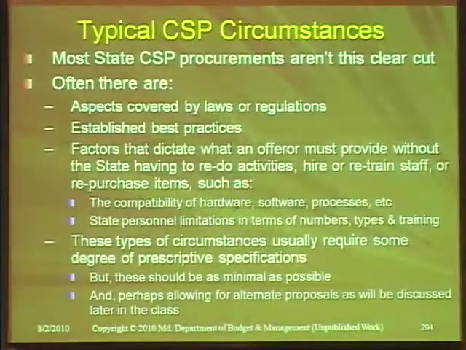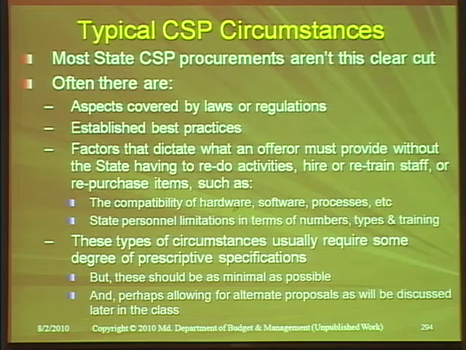Factors that dictate what an offer must provide without the state having to redo activities. All right. We have a given piece of equipment. We've already bought it. We've already installed it. We already have people trained on it. If we allow someone to come in and offer to provide a different piece of equipment, then we'll have to buy that different piece of equipment.